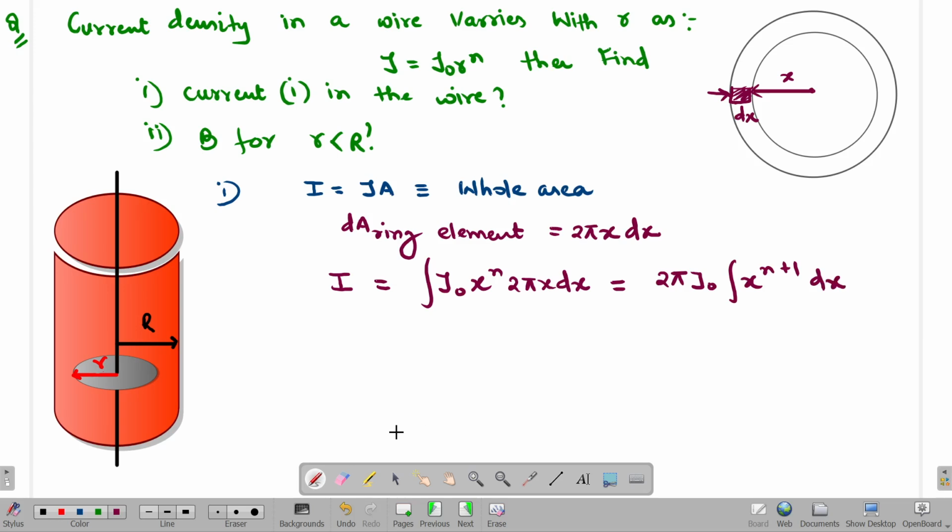Are you able to get me or not? Now, if I want the total current, therefore the total current in the wire is the integral from 0 to capital R.